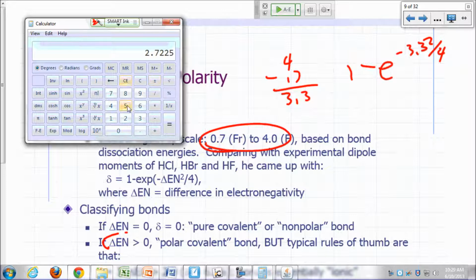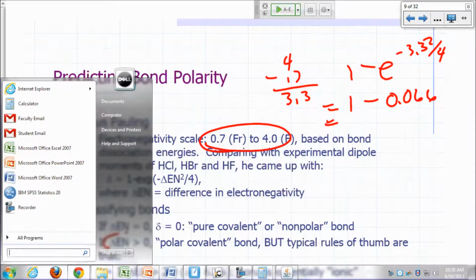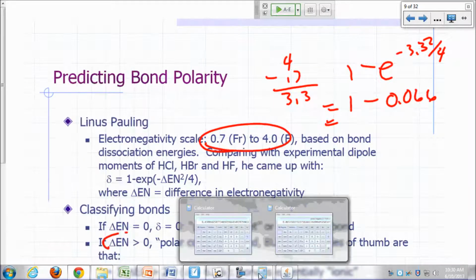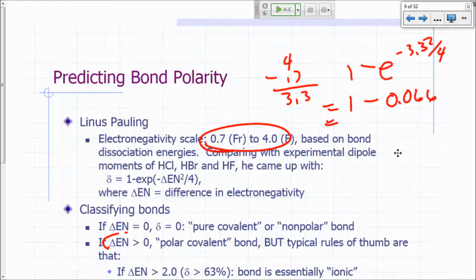That's 2.27225. Make that negative, and then take the inverse log of that. It's 0.066. Subtract that from 1. That's 0.934. So that's only 93.4% ionic.